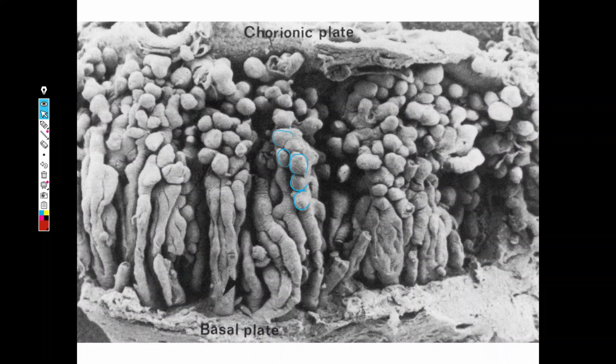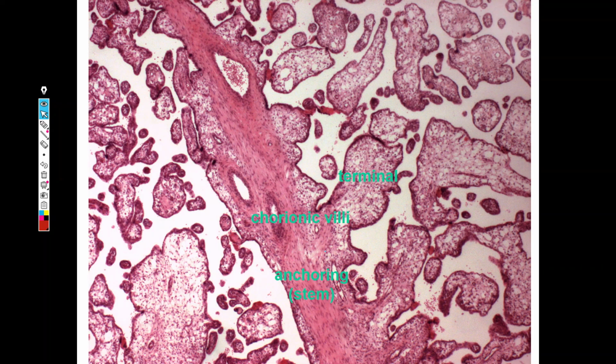But also there are these big villi which are connecting the basal plate with the chorionic plate, the decidua with the chorionic plate. I cannot see them directly here, but these are called anchoring villi that are connecting the basal plate and chorionic plate together. And we can see it right here.